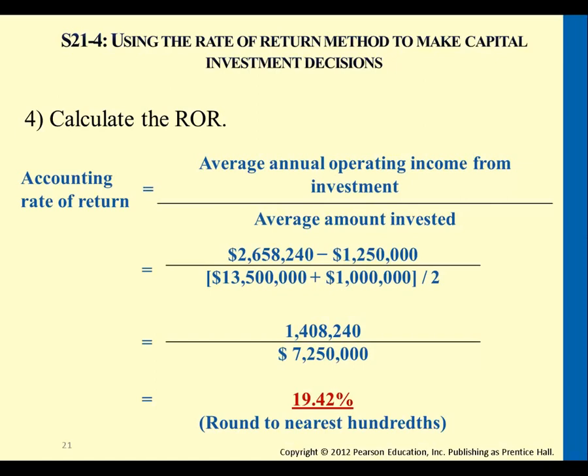That's going to give us the relationship of our annual operating income to amount invested on average. So the formula that you're going to use here, because you're calculating the accounting rate of return, is your initially invested amount, and then whatever is that depreciation during the lifespan.